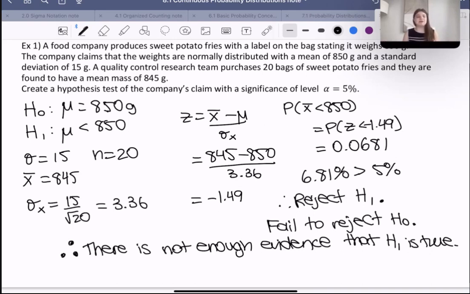It would have to be a very, very small percentage chance that a food company is lying to us in order for there to be a real lawsuit. In this case, it's not that unlikely. It's not unlikely enough that we're going to claim this food company is not being honest. And so we're going to fail to reject the null hypothesis.